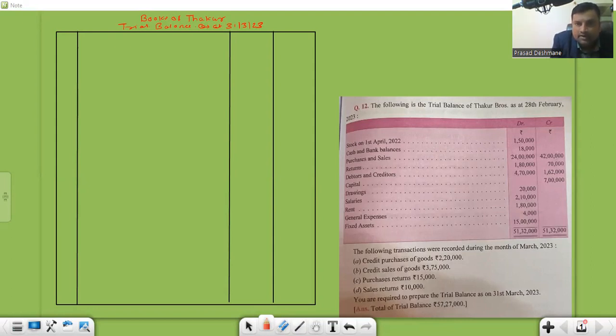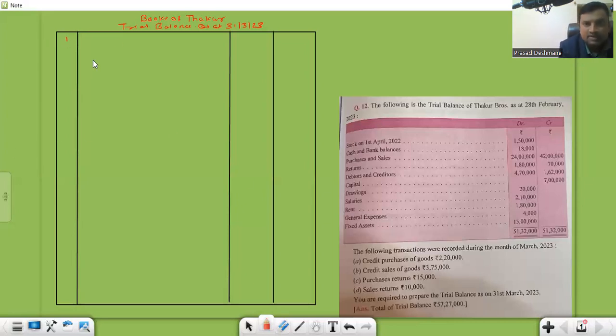It is not given. So put a tick mark on debtors, because when the goods are returned by debtors, again the debtor balance will be affected. So put a tick mark on debtors and we get the new returns we have. So put a tick mark on returns also. Both returns we have, purchase and sales. Okay, so how to deal with this, how to do the sum, I'll show you.